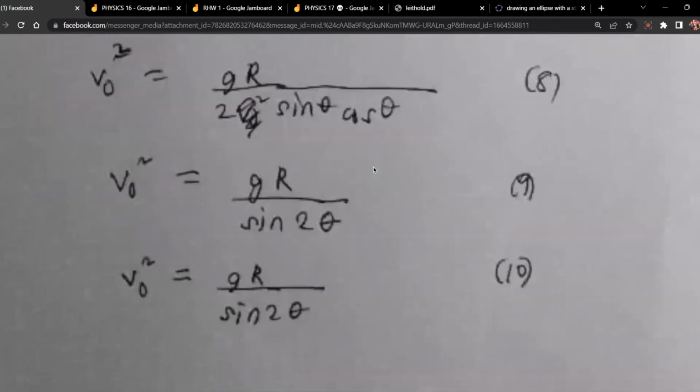Okay. I think yung ano lang dito ay, dito kasi what we're doing is we're solving for V naught in terms of yung range at saka yung launch angle.